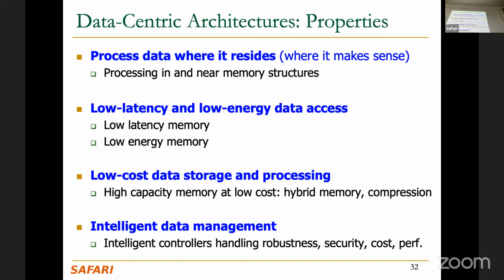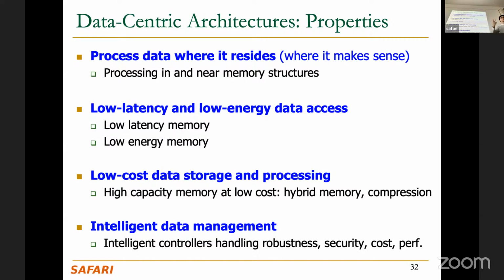Another characteristic of data-centric architectures is the ability to manage data in an intelligent way. I was mentioning intelligent controllers related to hybrid memories and hybrid storage, and I think I already gave you one good example. Another example, and I think that I have a later slide to talk about that, is how to deal with security vulnerabilities, such as the RowHammer phenomenon that can happen in different chips and causes certain bits to be flipped.